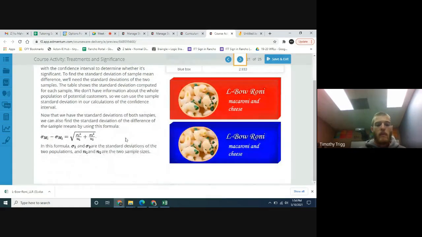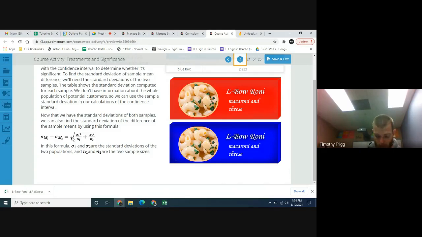Now we're going to use this formula right here, so you might want to write this one down. This is to find the standard deviation of the difference of the sample means. So I'm going to go ahead and write that down, and you should probably write that down too.